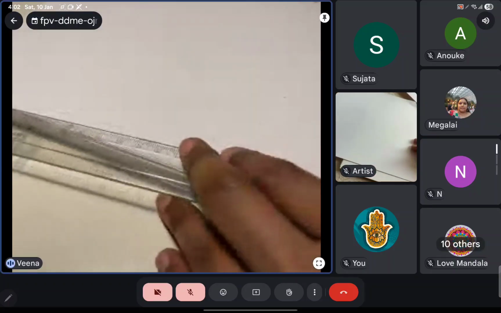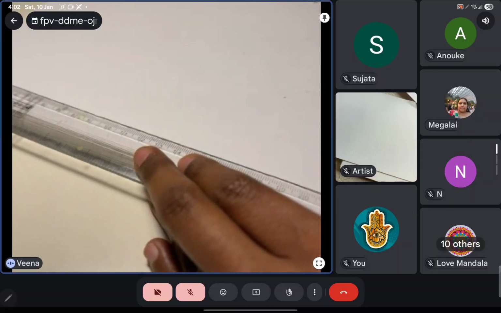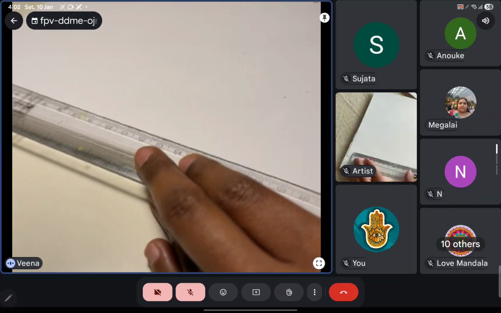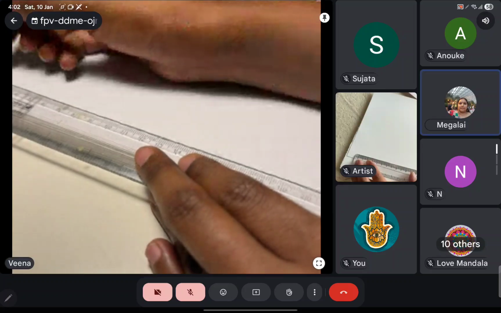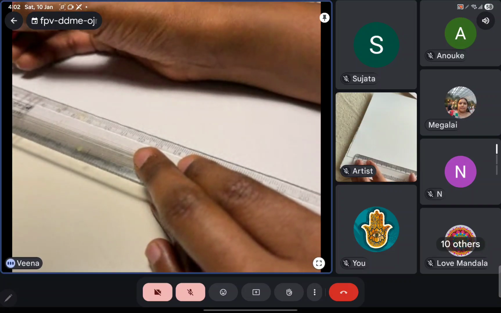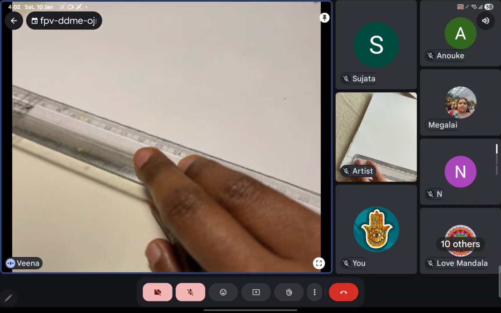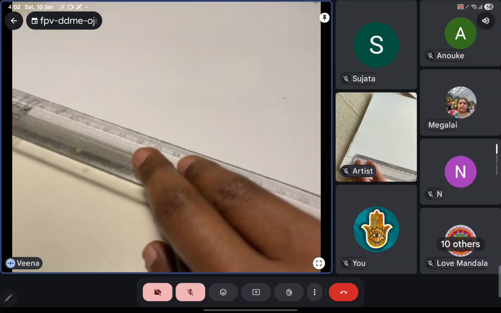But you have to make sure that you have 25 centimeters, so it's okay to tweak a little bit according to the paper. It's just a matter of 0.3 centimeters over here. Just make sure you have 25. That's it.